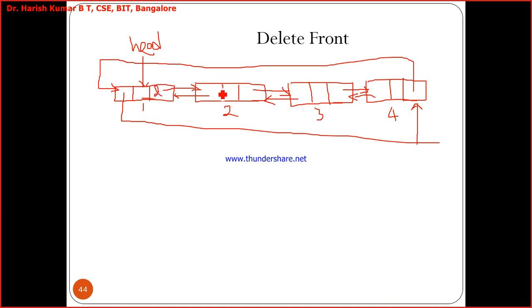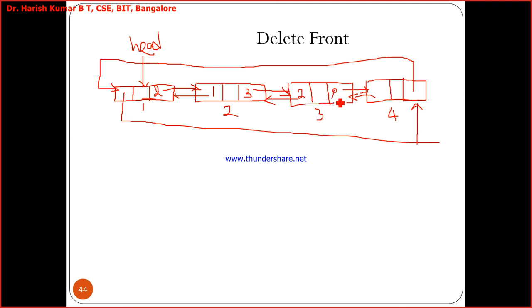In the left link of the node at address 2, 1 will be there. Using this one you can come here, and using this 2 you can reach this node. Similarly, in the right link of the node at address 2, there will be 3. In the left link of the node at address 3, you'll have the address of node 2, that is 2.